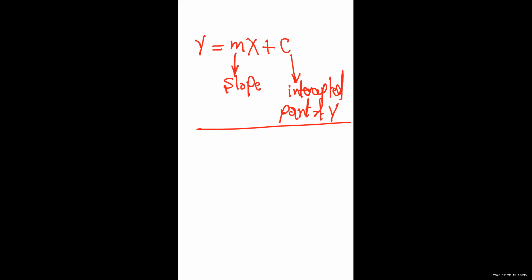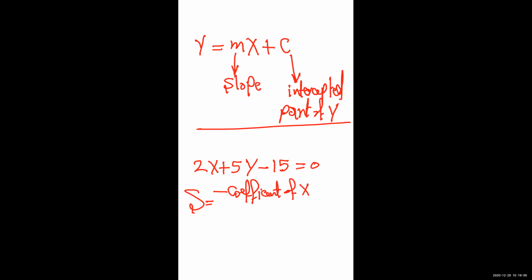If there is an equation like 2x plus 5y minus 15 equals 0, the slope equals negative coefficient of x over coefficient of y.